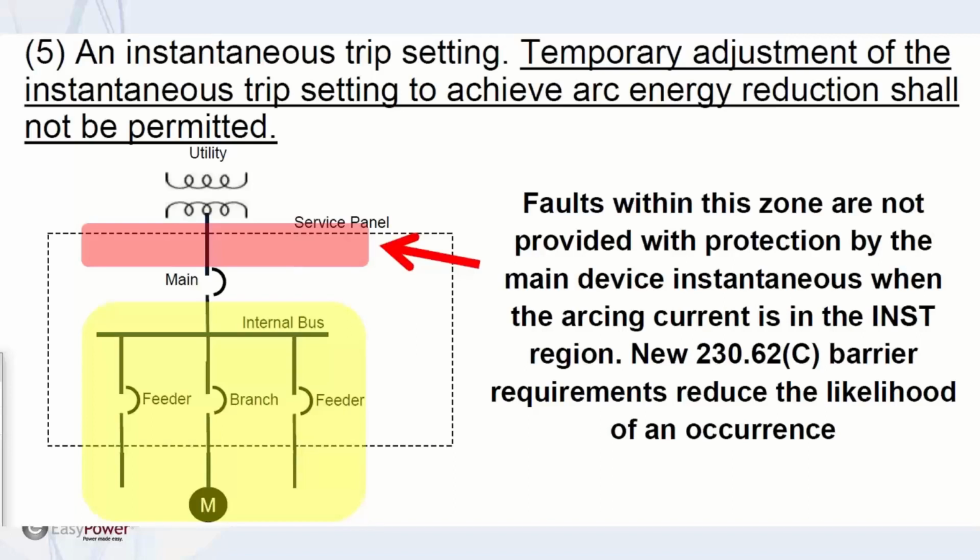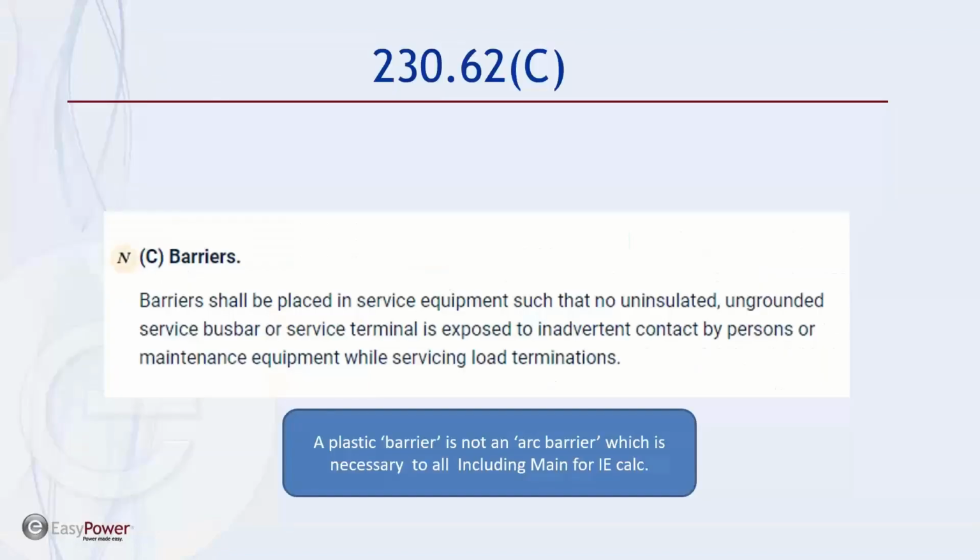Again, the downside is you could be losing some coordination properties. Now, the one adamant thing is you can't temporarily adjust the instantaneous trip setting to achieve energy reduction manually. There's a fair amount of concern about thinking that that's the way to do it, so again, it's not something that's permitted.